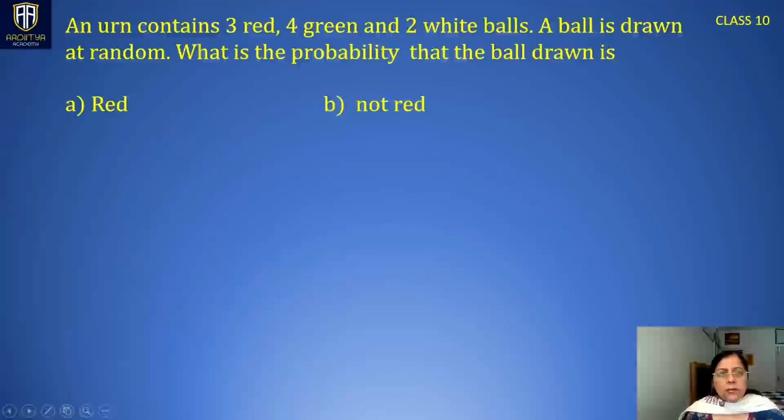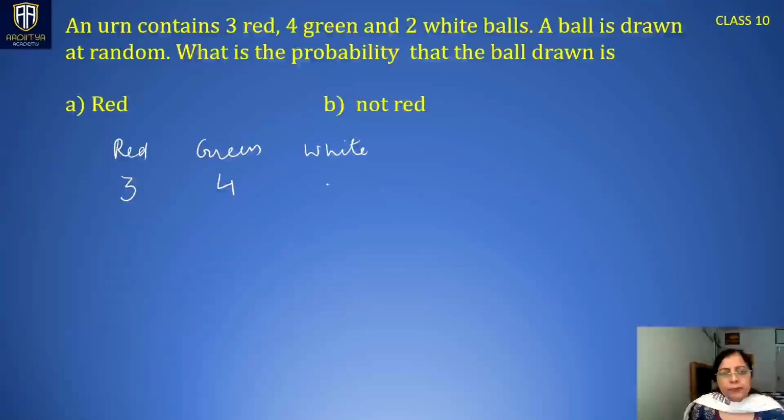Next is an urn contains 3 red, 4 green and 2 white balls. A ball is drawn at random. What is the probability that the ball drawn is red? So here, first of all, write the total number of balls here. This is 3 plus 4, 7 and 2, 9.